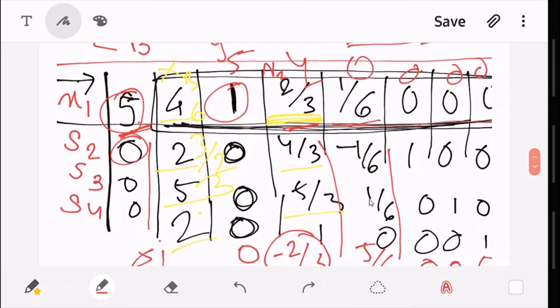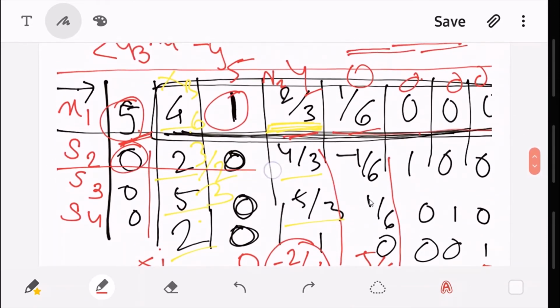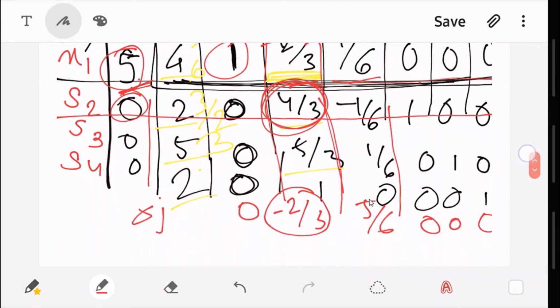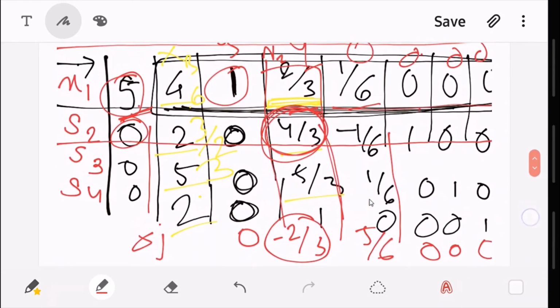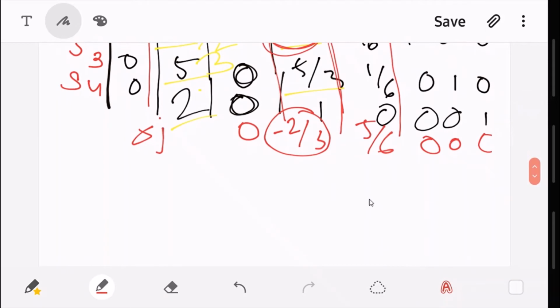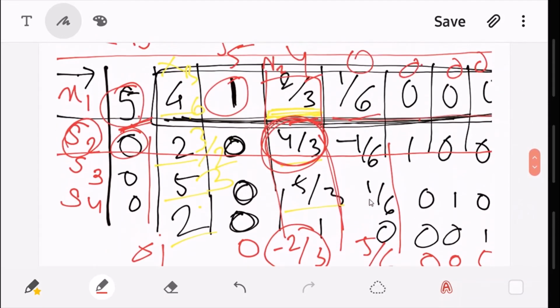This is my leaving variable row. This is my column. 4 by 3 is the pivot element. Therefore again I need to do the Gauss-Jordan method, that is instead of leaving variable I need to write the variable which is entering, that is x2.